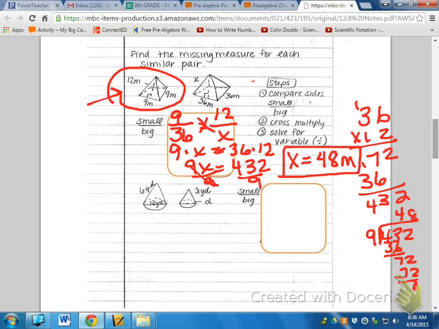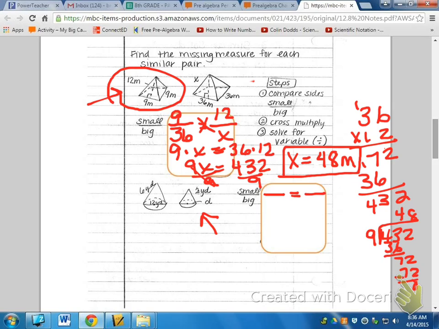All right, we're switching to cones and small to big again. So fraction bar equals sign fraction bar. Here's my small cone here on the right. So give me a measurement from the small cone. What's a measurement from the small cone? Anybody see it?